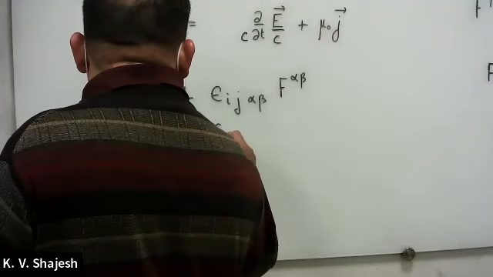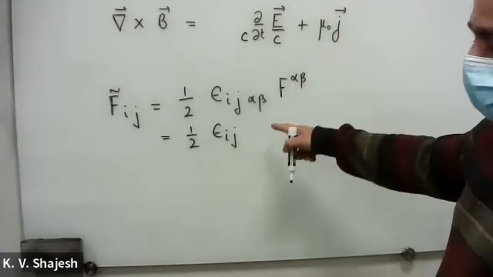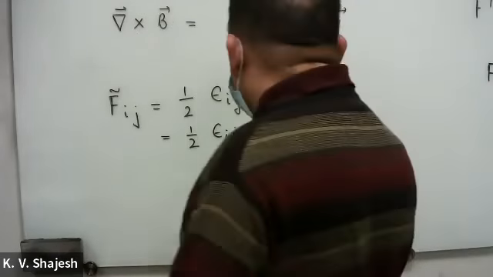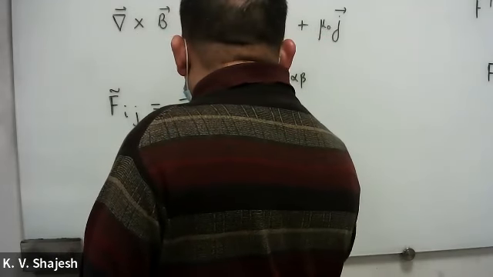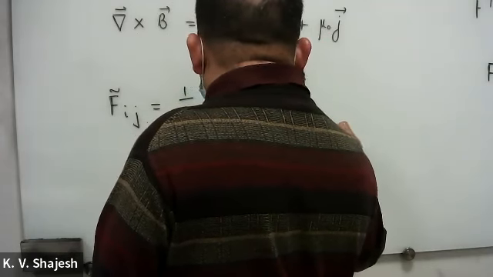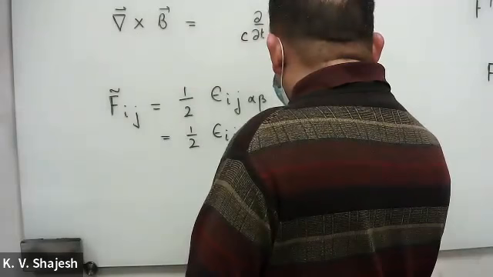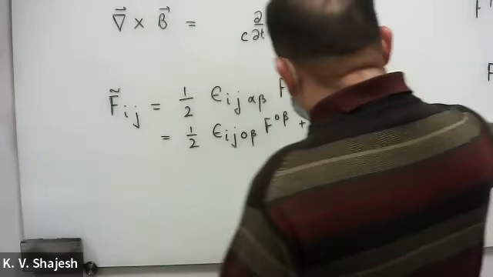That's 1 by 2 epsilon ij. This is a summation here in alpha and beta. So first let's sum over alpha. So this is 0 times beta, F0 beta, plus 1 times 1 by 2 epsilon ij, 0 times 0, and a k, right?